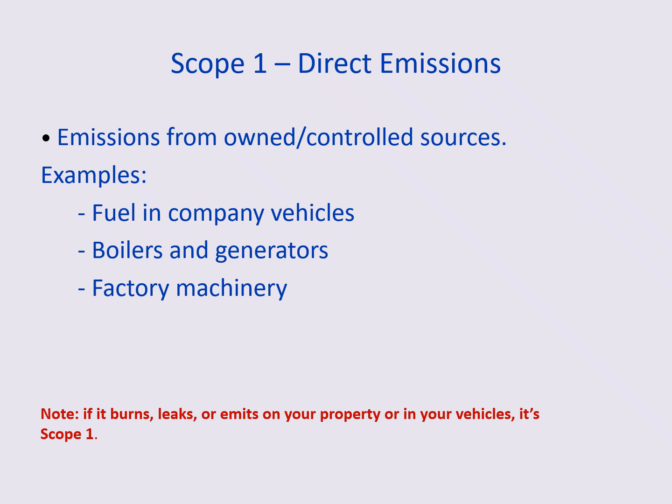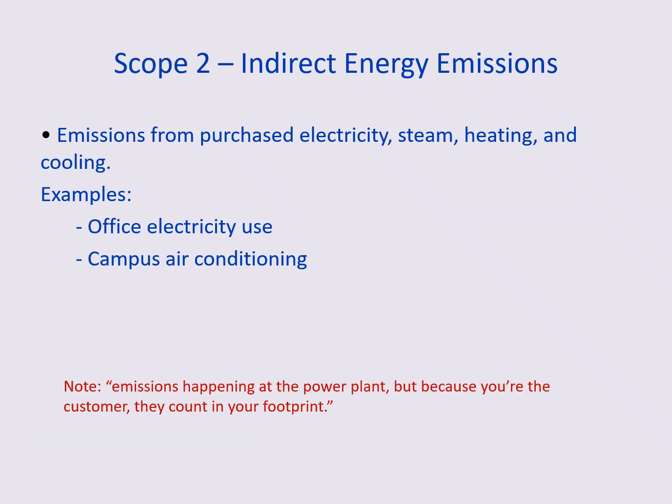Boilers and generators, factory machineries, all these things come under direct emission. If it burns, leaks, or emits on your property or in your vehicle, it is scope 1. It comes under direct emission.